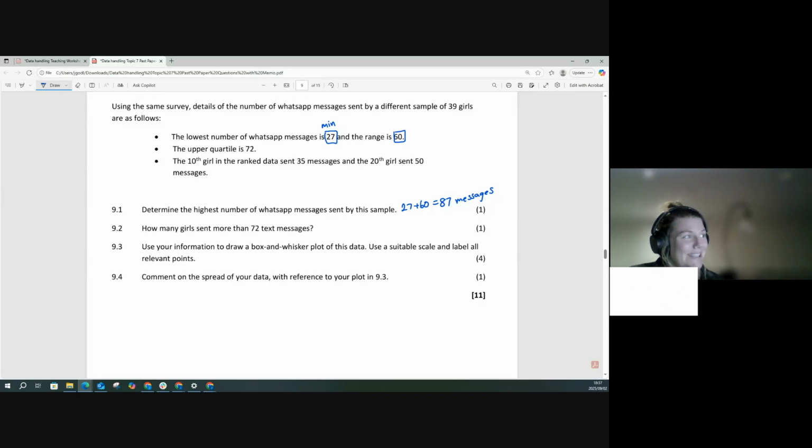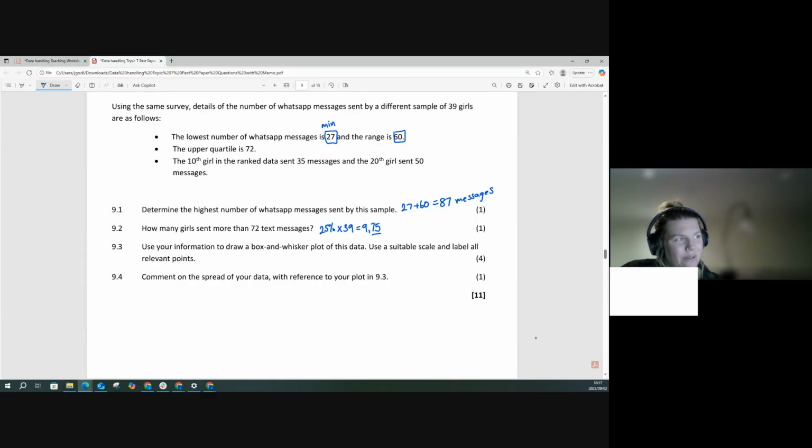How many girls sent more than 72 text messages? I would say, what's 25% of 39? And that gives us like 9.75.